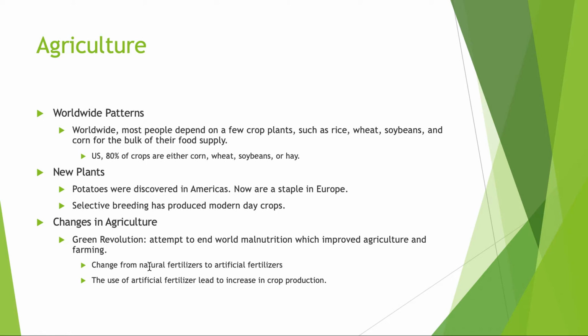But now, if you compare the Green Revolution, this idea of artificial fertilizer, to what is happening now, it is more of a natural fertilizer. These natural fertilizers being manure and compost and things like that. This artificial fertilizer being the pebbles and the pellets or the Miracle-Gro that you would typically see. The process of this is to just produce rapid growth, which would make sense if you're trying to end world malnutrition. But now, what happens is you have pests and things that are building immunities to these artificial fertilizers.